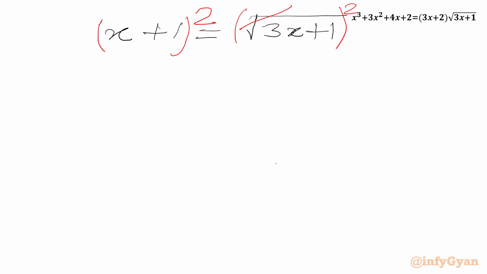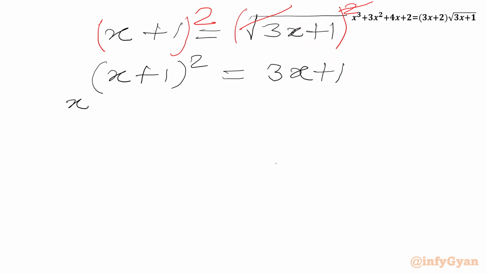So square root and square will cancel on the RHS. We will write our equation x plus 1 whole square must be equal to 3x plus 1. Let's expand LHS. We will get x square plus 2x plus 1 equal to 3x plus 1.